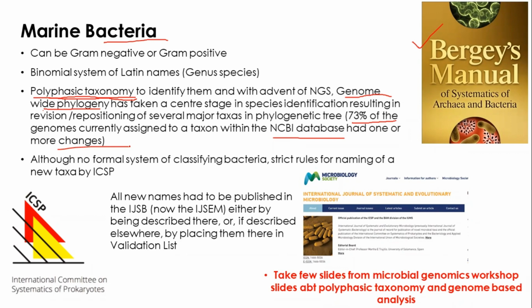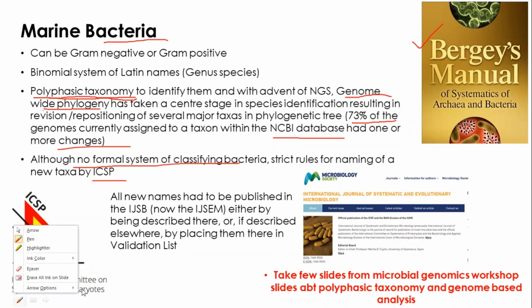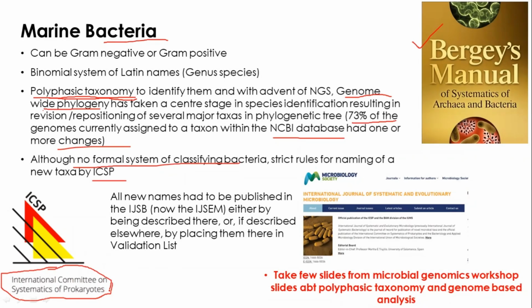For bacteria, we do not have any formal system of classification, but there is a rule made by the International Committee on Systematics of Prokaryotes. Previously it was known as the International Union for Bacteriological Nomenclature, which is now renamed the International Committee on Systematics of Prokaryotes.